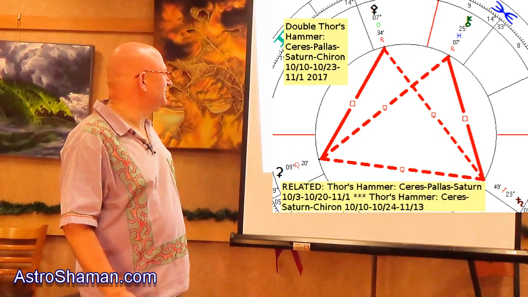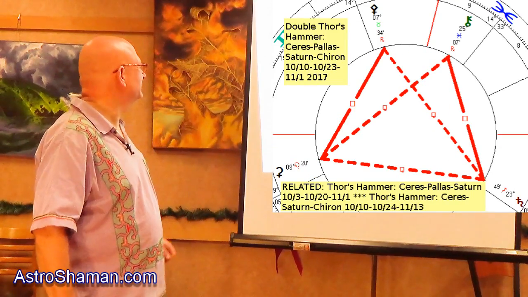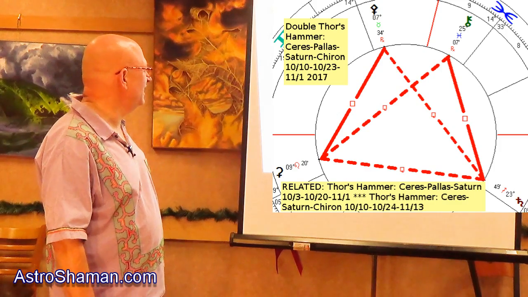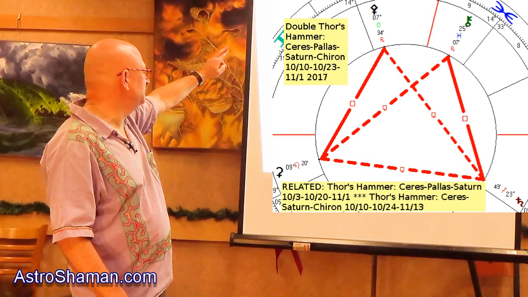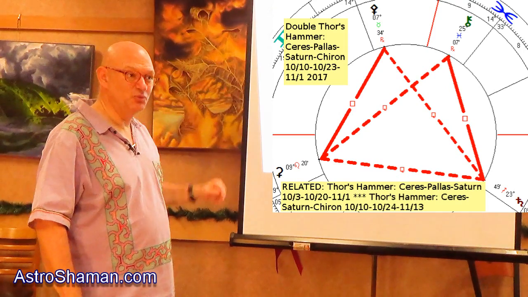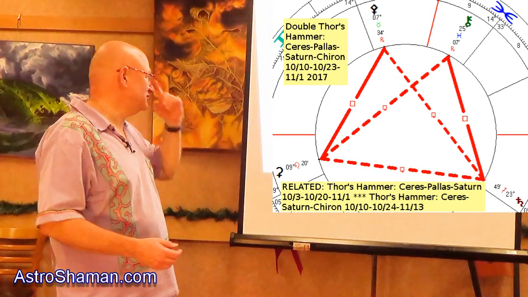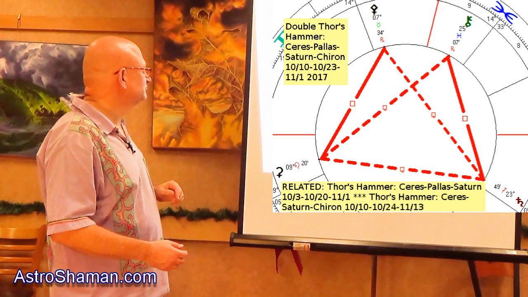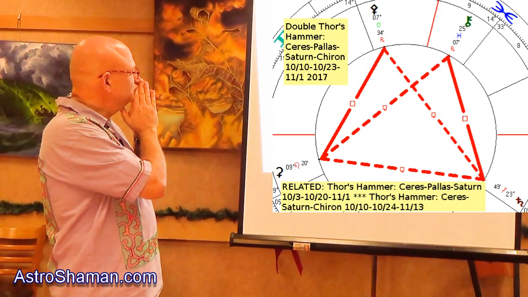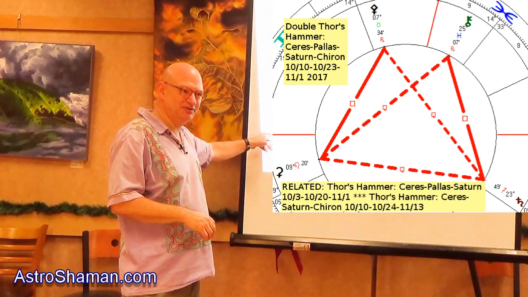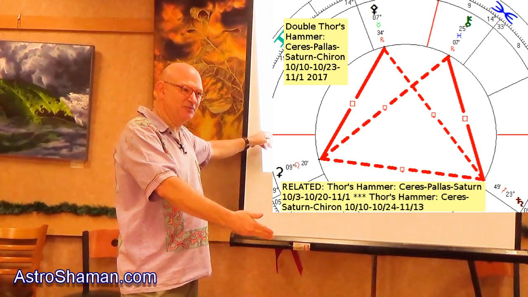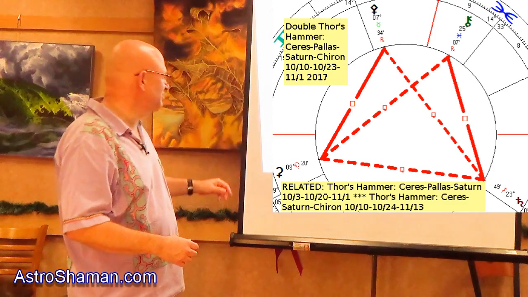And a double Thor's hammer. Okay, 2 of them together. Ceres, Pallas, Saturn, Chiron. Once again, Saturn, and this one is October 10 to November 1st, roughly paralleling the other one for most of its play. This one, I feel Ceres, for some reason, more of a healing vibe, like healing wounds in relationship with someone, like the mother-daughter thing.